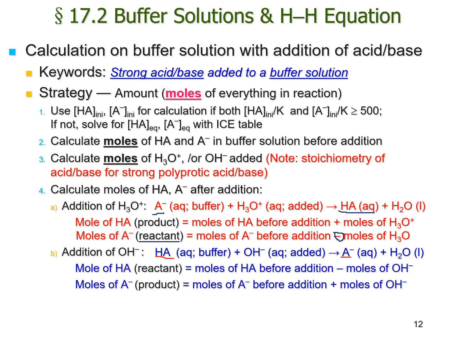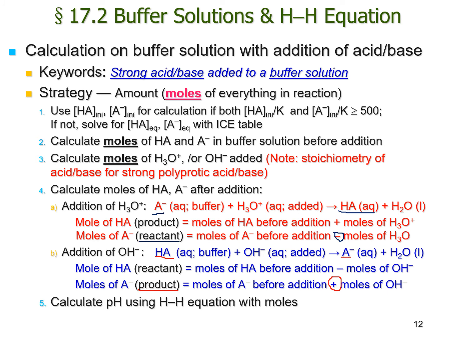So as for product, it's always a plus sign. So we're going to add the moles of hydroxide and the moles of conjugate base all together. And once we know the moles of this initial concentration of an acid and base after the addition, we use the HH equation to solve it.